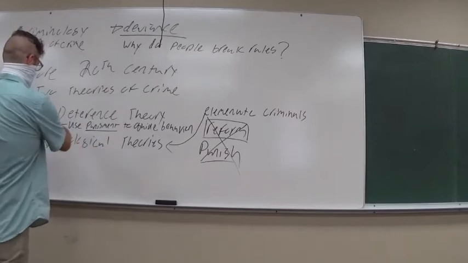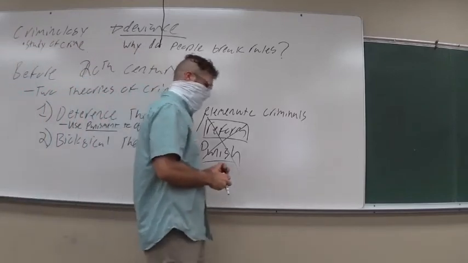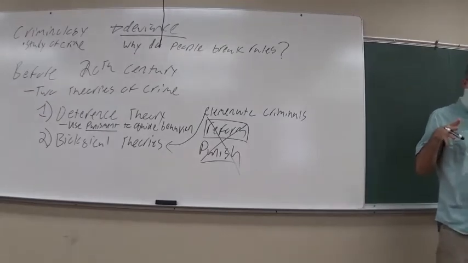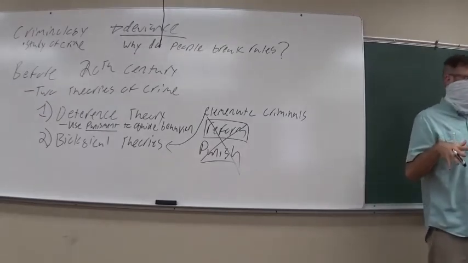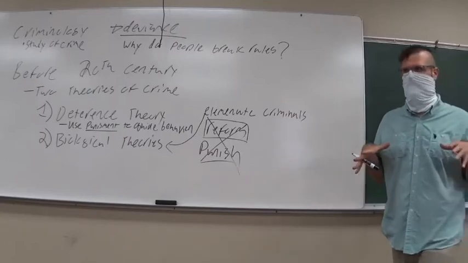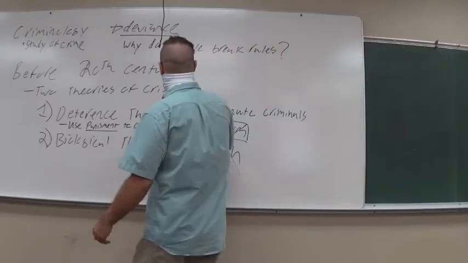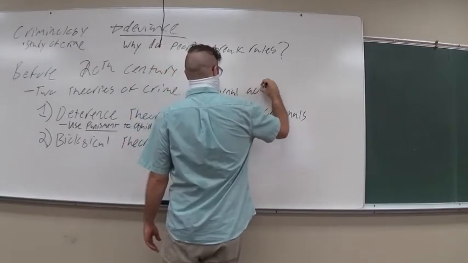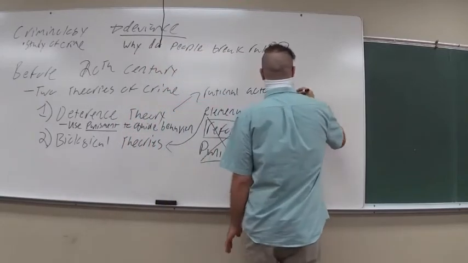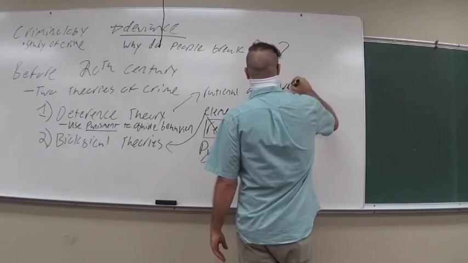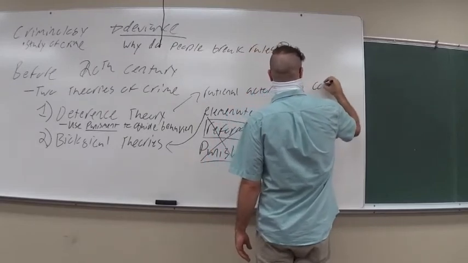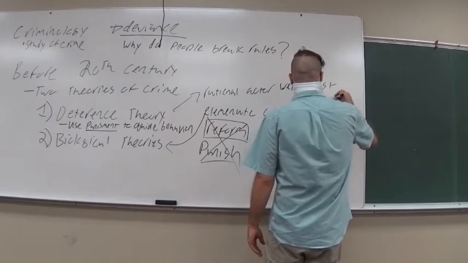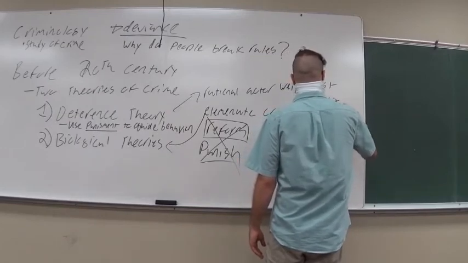But the deterrence theory is that you use punishment to guide behavior. It's the philosophy that our criminal justice system is originally built upon, right? And the idea is that we are basically these rational actors who weigh cost and benefit before acting.